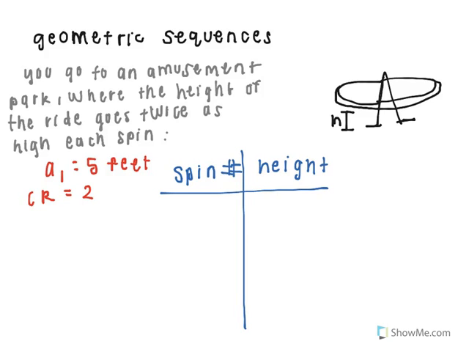Let's list this out on a table. So we know that on spin 1, the height of the ride is 5 feet. Next, for spin number 2, the height of the ride is 5 feet times 2, which is 10 feet.